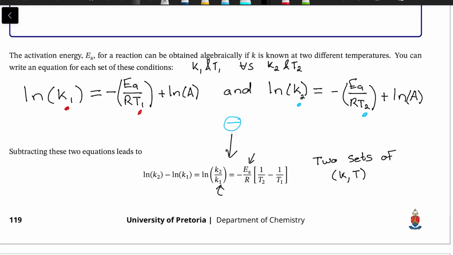So this is a specific situation where you only have two sets of conditions. Then you can do it algebraically, and you don't need to do it graphically. All right, so that's the Arrhenius equation, and why it's useful and how you can connect it to the activation energy and the rate constant, and of course the temperature.